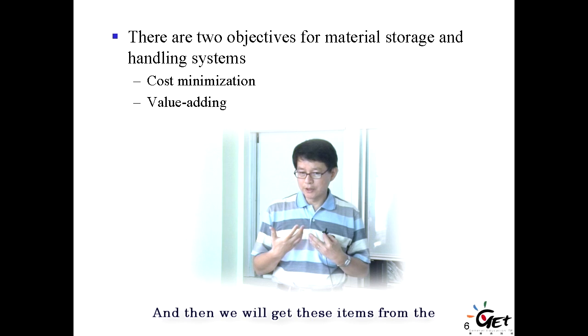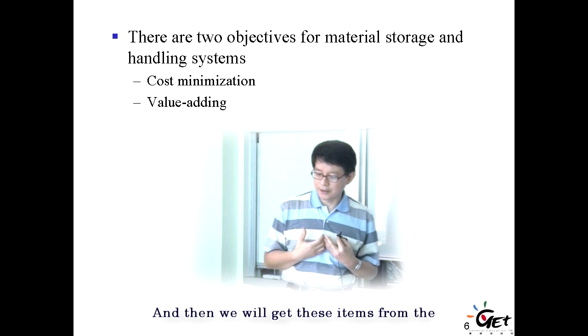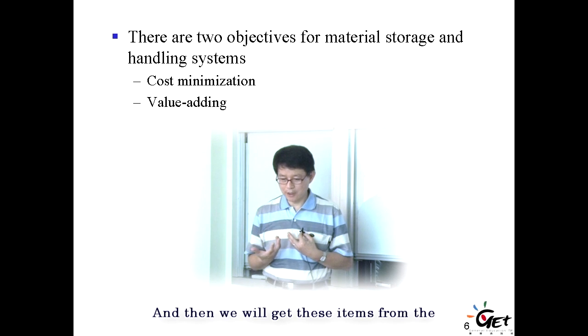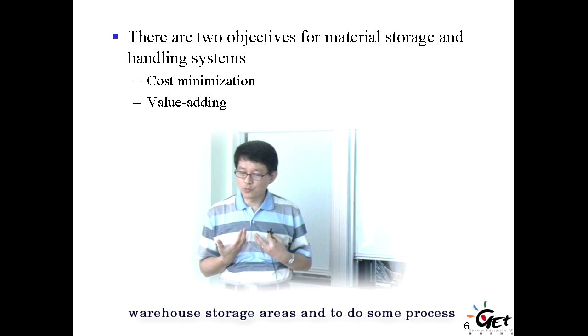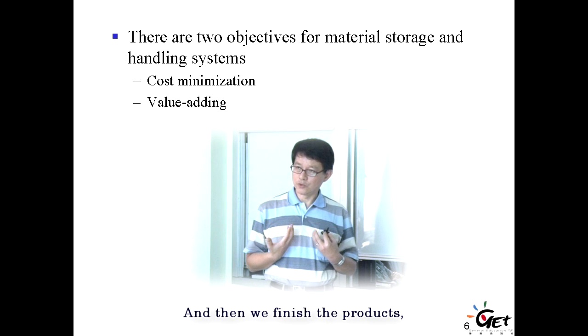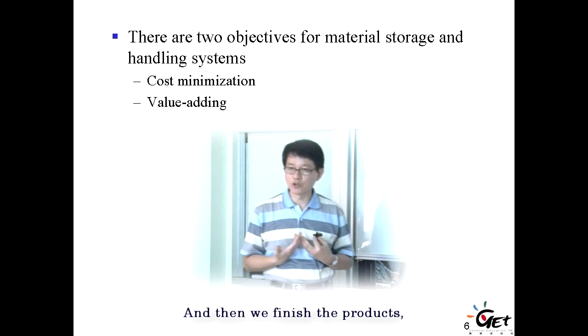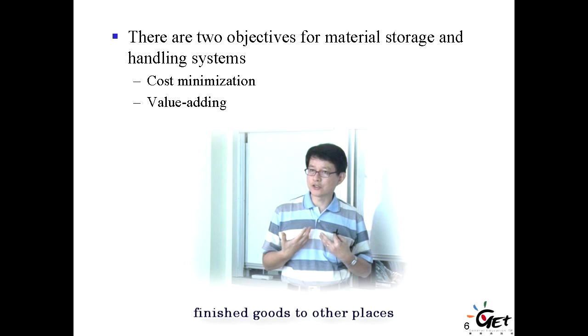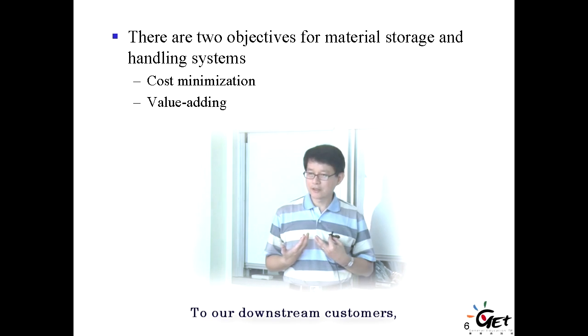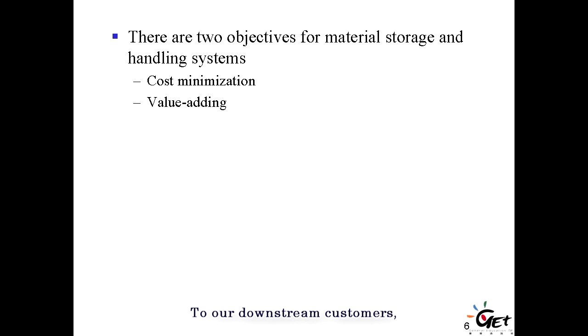And then we get these items from the warehouse storage areas to do some processing, and then we finish the products. Then we send out these finished goods to other places, maybe to our downstream customers who have their own warehouses, right? So warehouses are very important for the received materials to be kept in that location for some time.